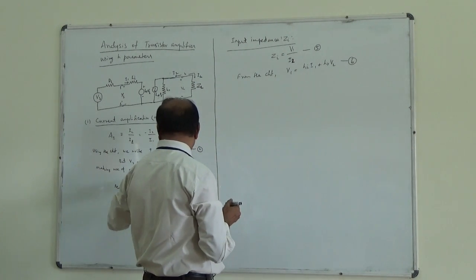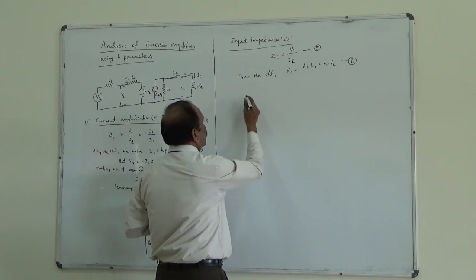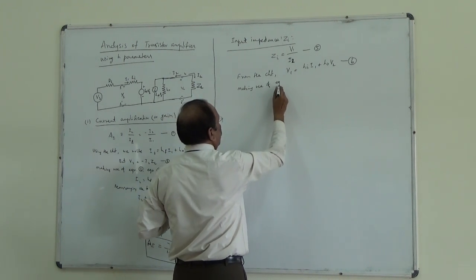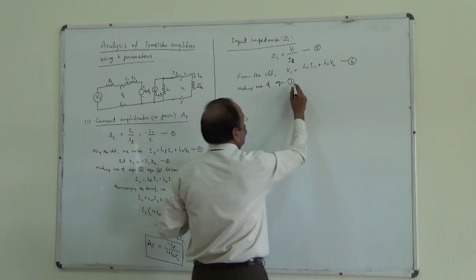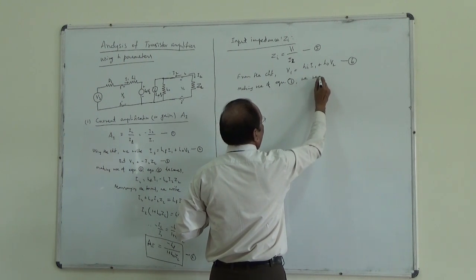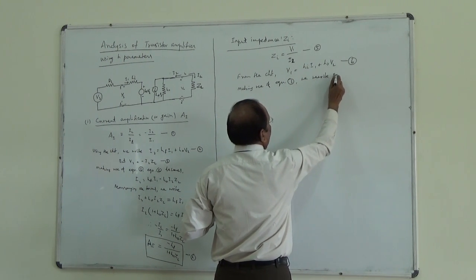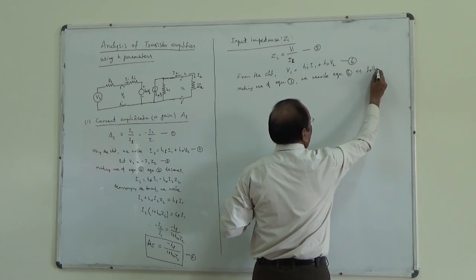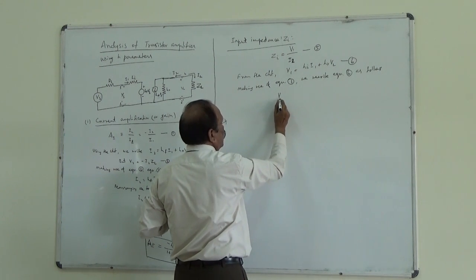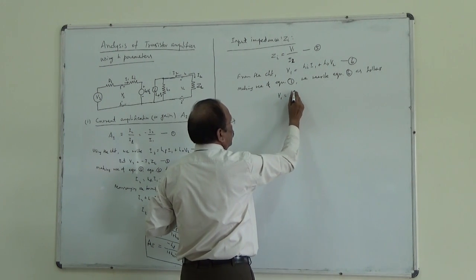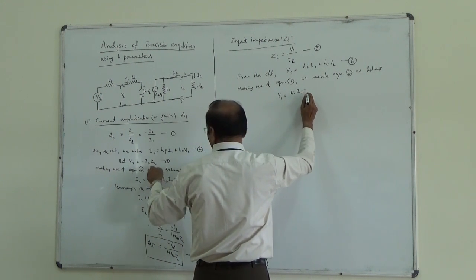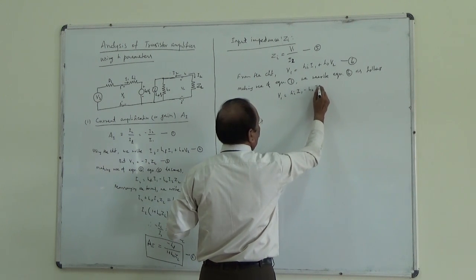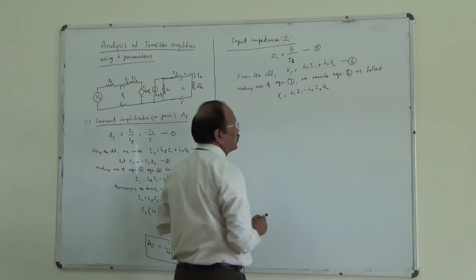But again, making use of equation 3, we rewrite equation 6 as follows: V1 is equal to Hi into I1 minus Hr into I2 into ZL.